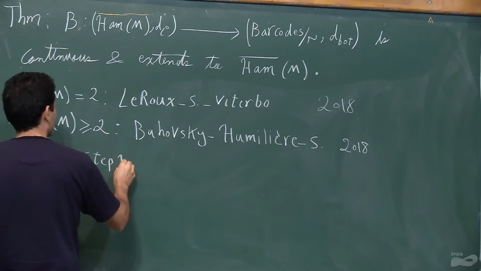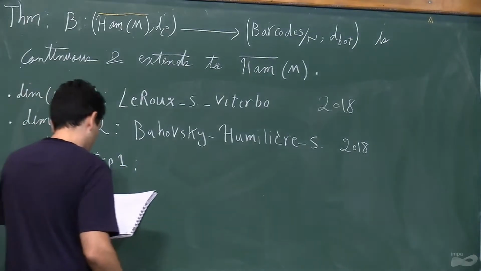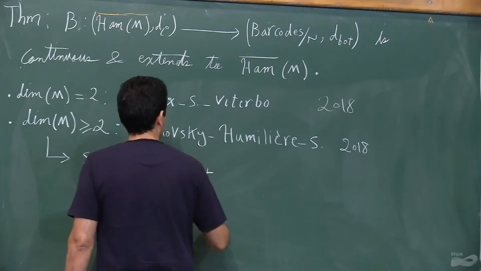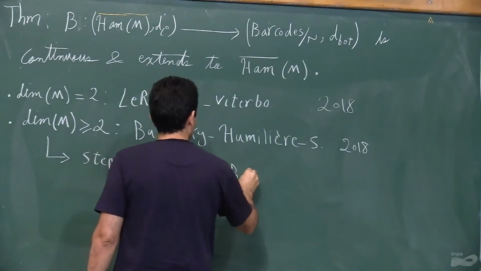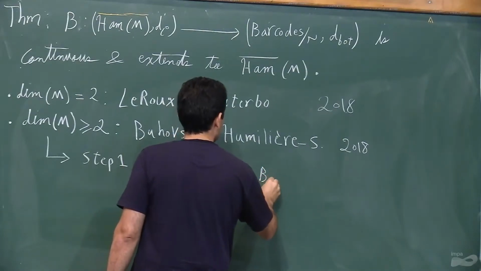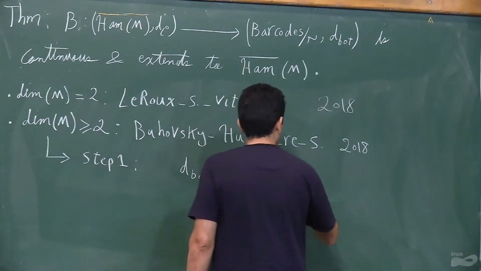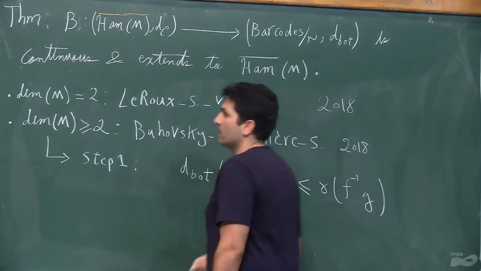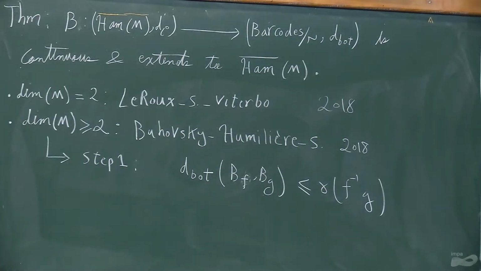And maybe I'll say a word on the proof here, and that's all I'll say about the proof. It's got 2 steps. So the first step is that one shows that the bottleneck distance between, say, you've got F and G, 2 Hamiltonian diffeomorphisms, can be bounded by gamma of F inverse G, where gamma is this thing. So maybe I didn't say something here.